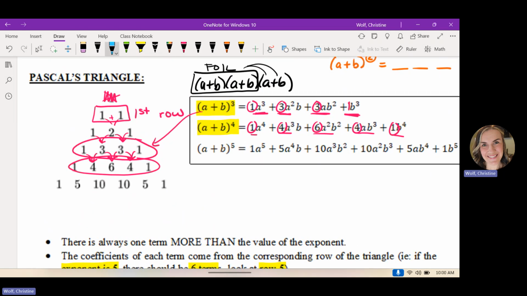Like I've already said, this is our first row, second row, third row, fourth row, fifth row, and so on. Because my exponent here was 3, it would correspond with row 3. The row you look at should always have one extra term: 4 terms if the exponent is 3. Everything's making sense, but it's very important that you erase that top row so that works out.